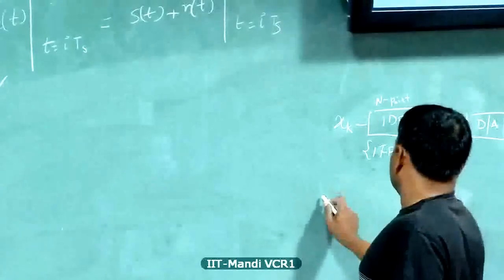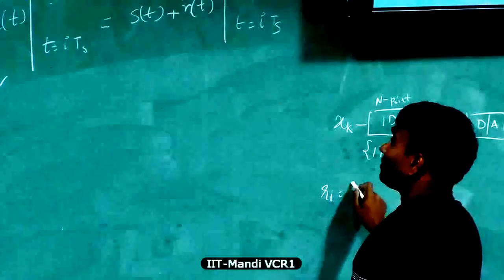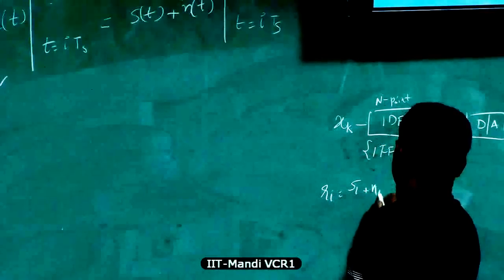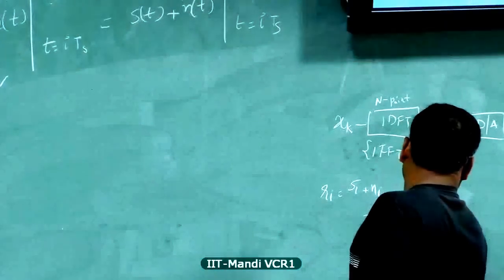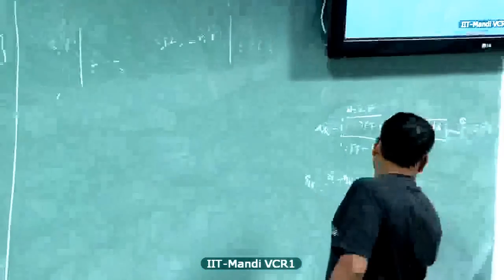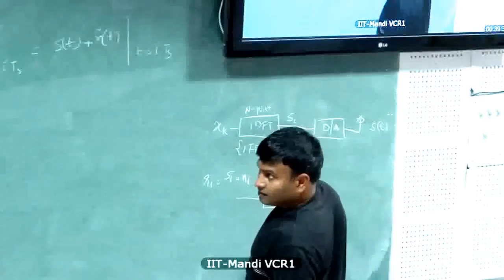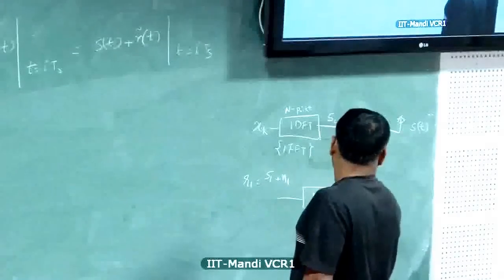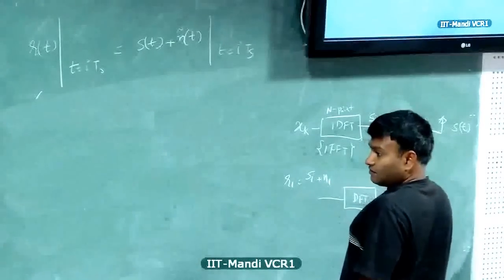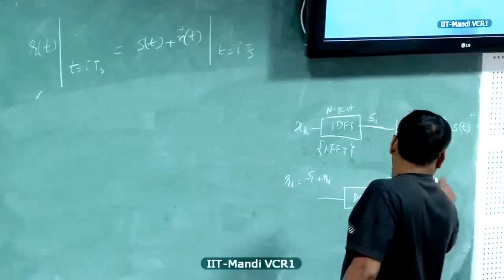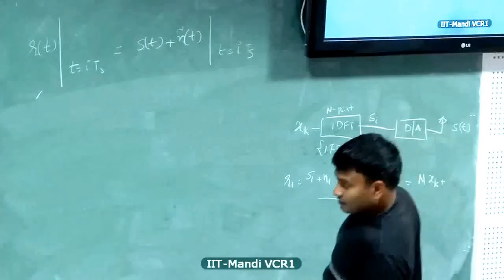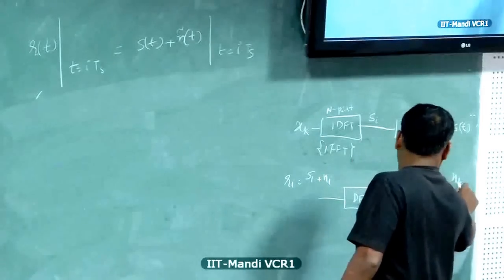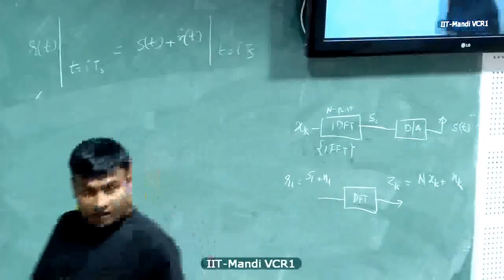Okay. So we started with n tilde of I and it goes through a DFT, and we ended up with what is called Z of k, which is a summation of N times X of k plus N of k.